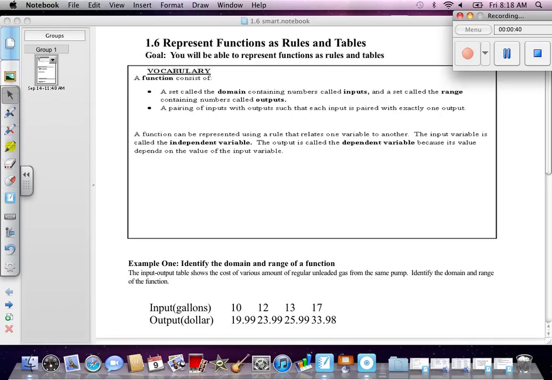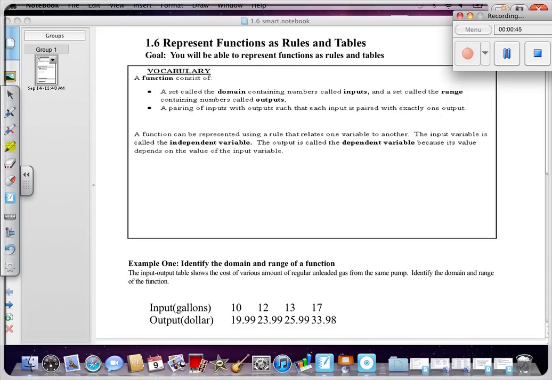So I might do this if I were you on my paper. When I talk about inputs, I'm talking about x's. Those are inputs. It's also the domain. And I know that the input variable is independent. So I might kind of make a list.